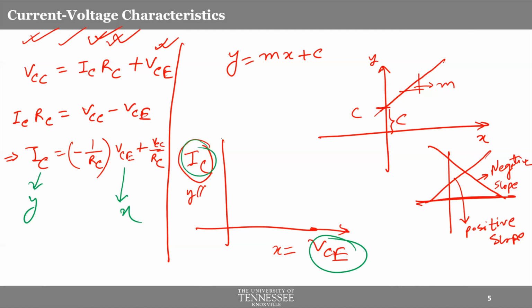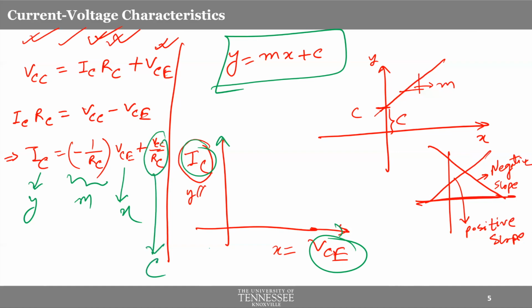Now, this is Y, this is X. Okay, I'm going to plot that right here. And then what is that? This should be M. Compare that with the equation of a straight line: y equals mx plus c. And notice that the gradient or the slope is negative. So our straight line should look like this, right?